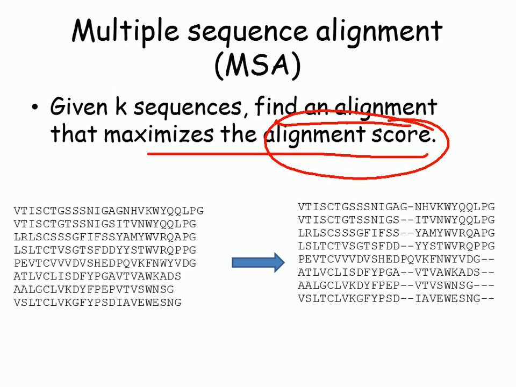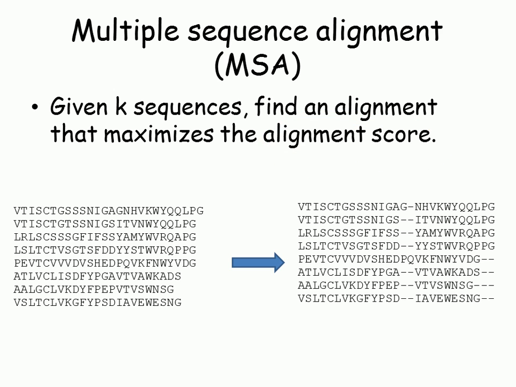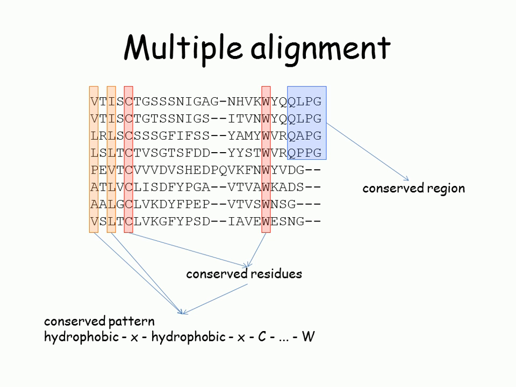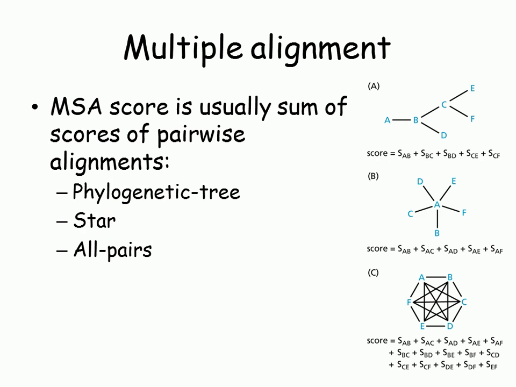For pairwise alignment, you just added the scores of individual pairs of amino acids, right? But for multiple alignment, we need to compare pairs of sequences and then add their alignment scores.